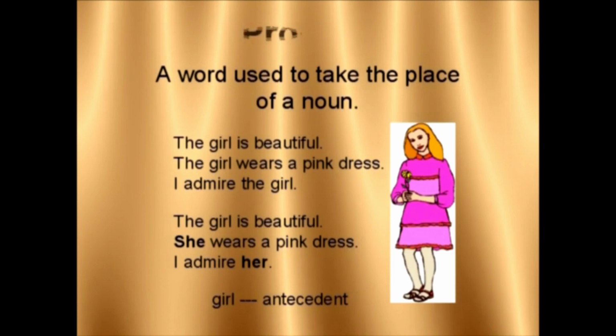Pronoun. A pronoun is a word used to take the place of a noun. Why are pronouns important? These 3 sentences will show why. The girl is beautiful. The girl wears a pink dress. I admire the girl. The word girl is used 3 times, and you know it doesn't sound nice.